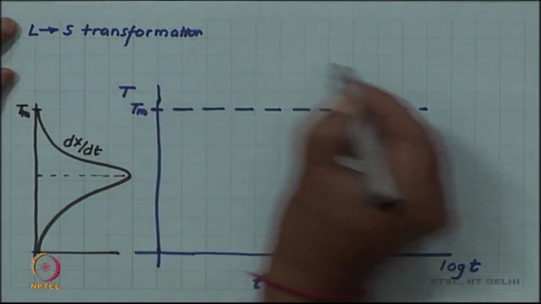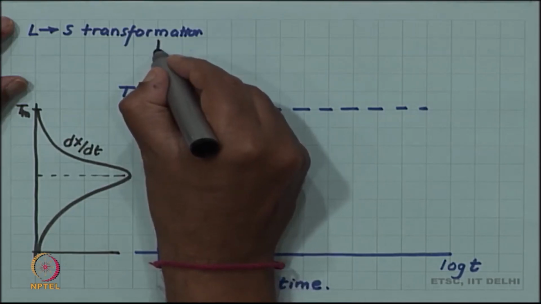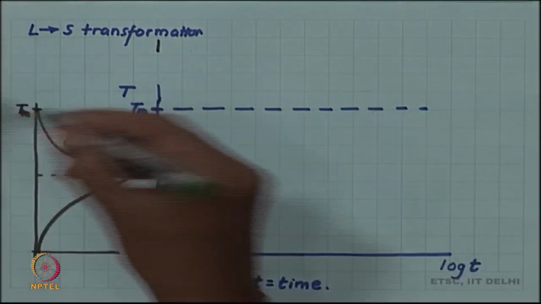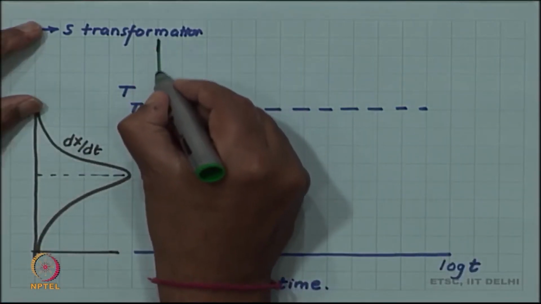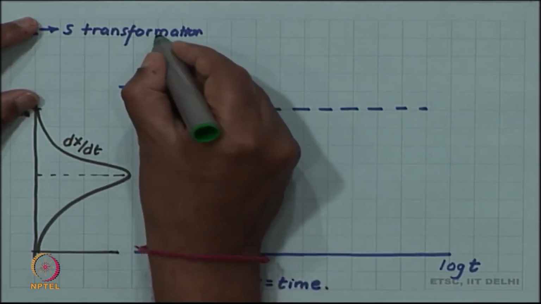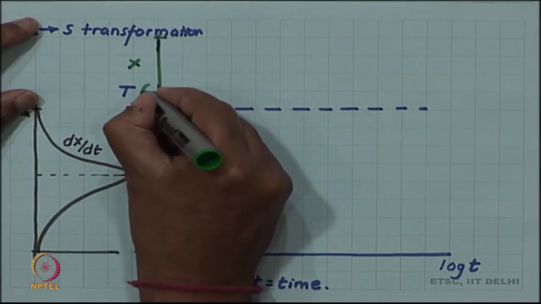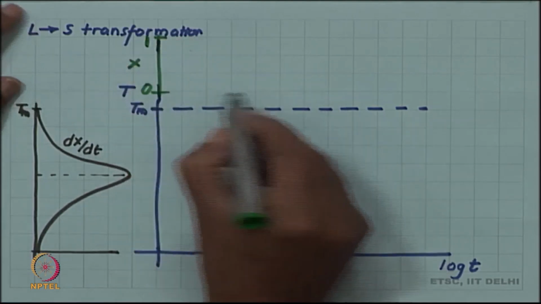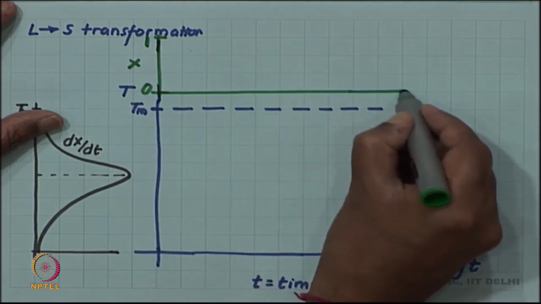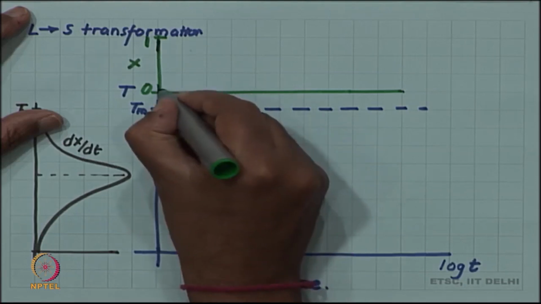Also, at any given temperature, we have seen that the transformed fraction x transforms between 0 to 1 as a function of time and has some sort of S curve.